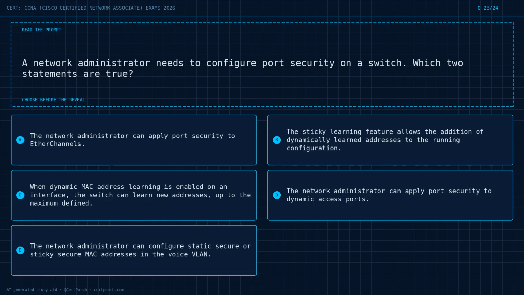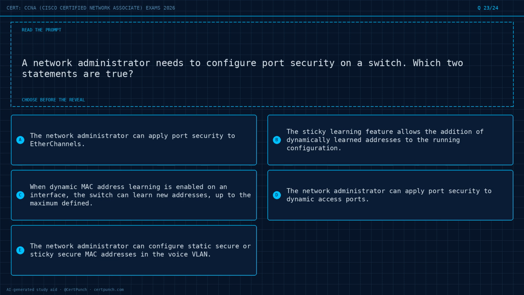Question 23 of 24. A network administrator needs to configure port security on a switch. Which two statements are true? Option A, the network administrator can apply port security to EtherChannels. Option B, the sticky learning feature allows the addition of dynamically learned addresses to the running configuration.